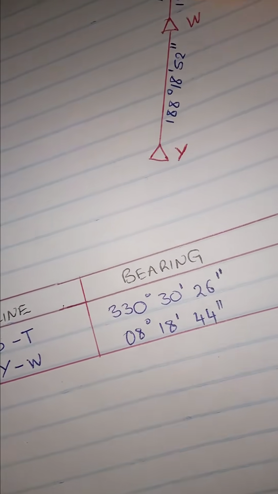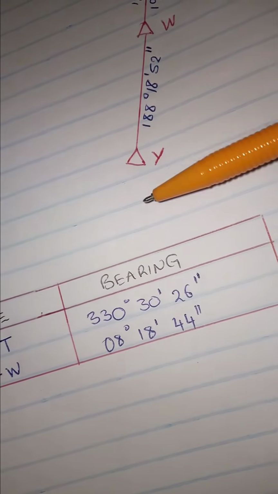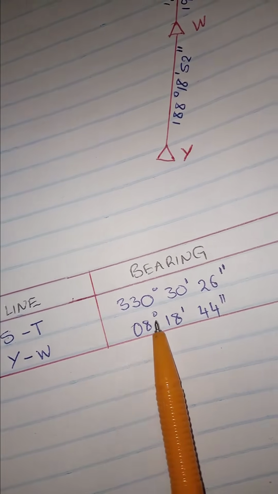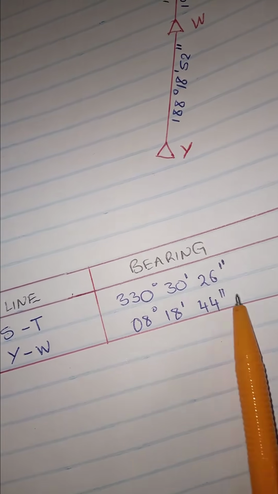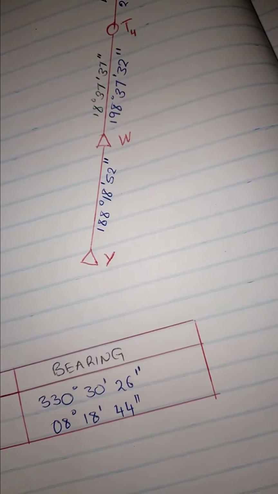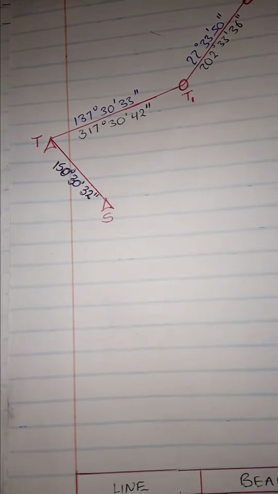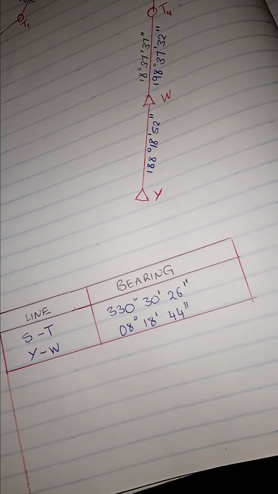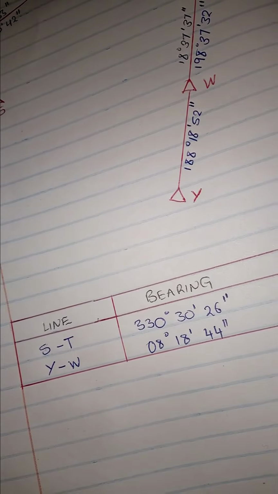From W to Y, this is the fore bearing, and we have been given the back bearing of that line as follows. We are going to input those values directly. I have already drawn the bearing sheet, and having been given the table below, this is what you're going to be using.